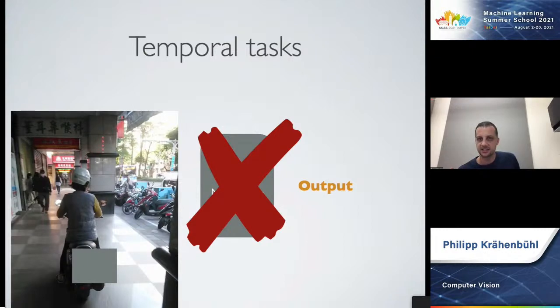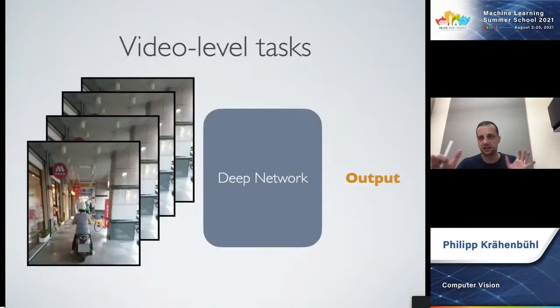For video level tasks, they pretty much model their networks after image level tasks, but instead of using a single image as an input, they now use a series of images as an input. Instead of using 2D convolutions as basic building blocks, they now either use full-fledged 3D convolutions that can reason about space and time, or more often use 2+1D convolutions that decompose the spatial convolutional part and the temporal convolutional part.